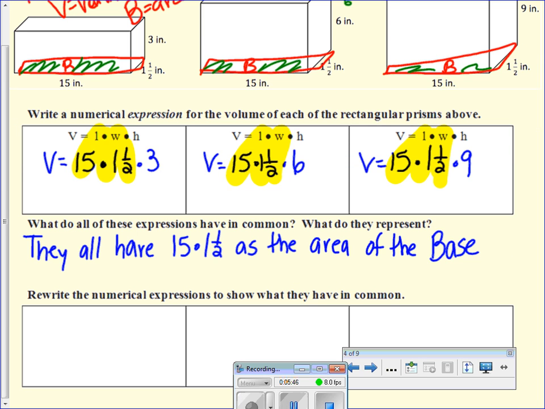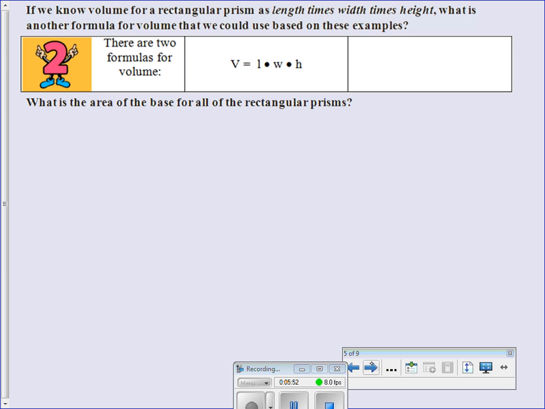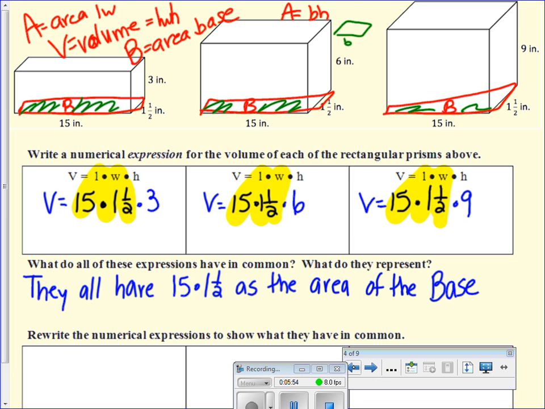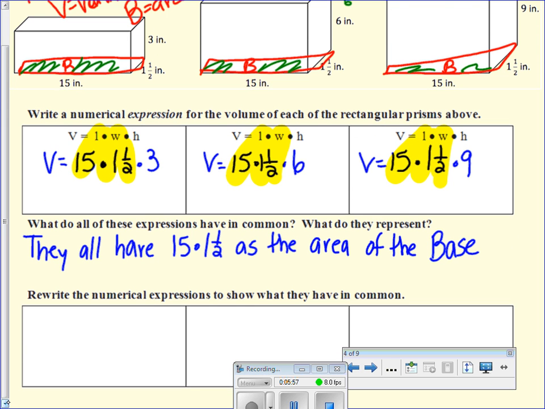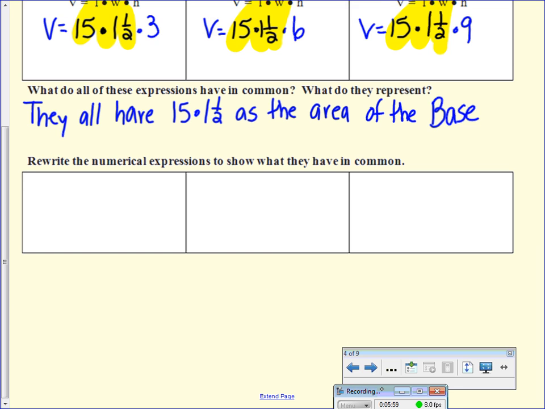So instead of doing it over and over and over again, let's just find the area of the base. So what is the area of that base? What is 15 times 1.5? Well, no, multiply it.